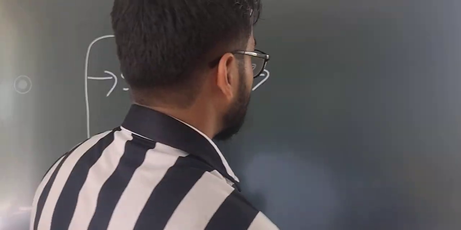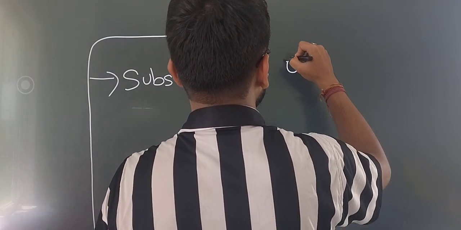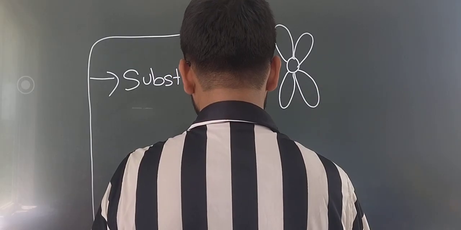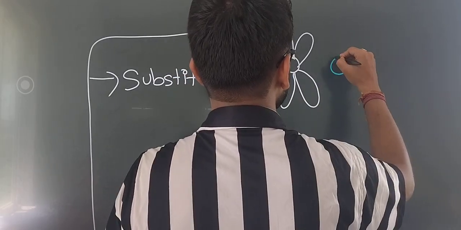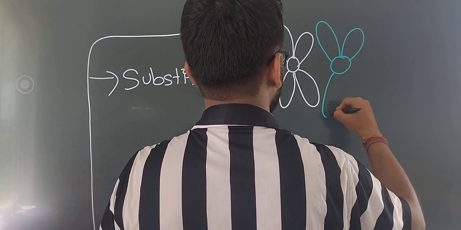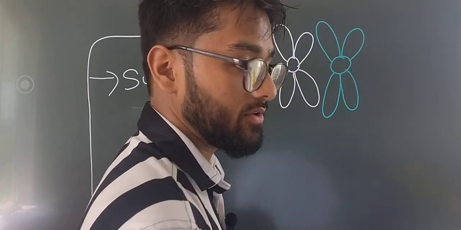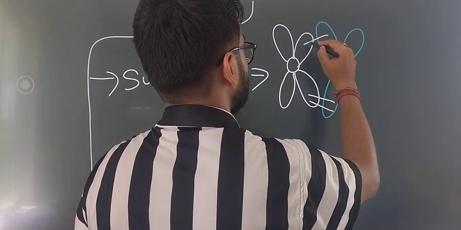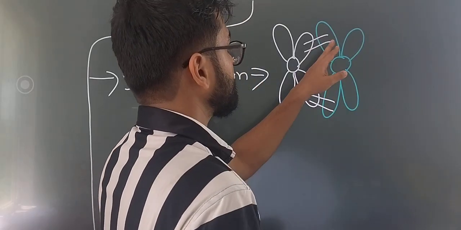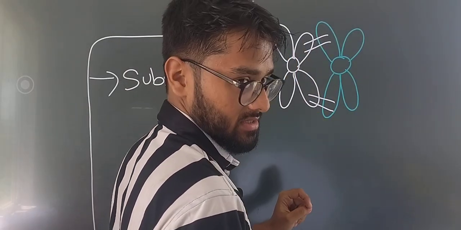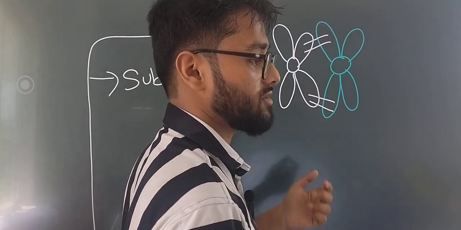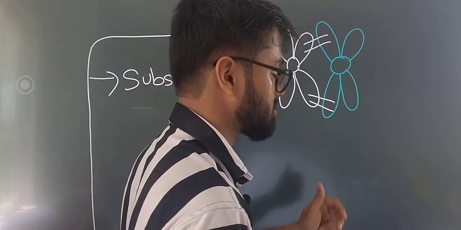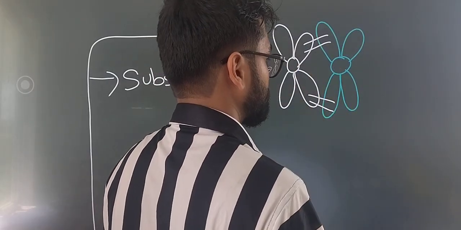It simply means that during crossing over, a part of this will go to this and this will come to this. This is how the exchange of chromatids, or parts of those chromatids, non-sister chromatids of the homologous chromosomes, occurs.